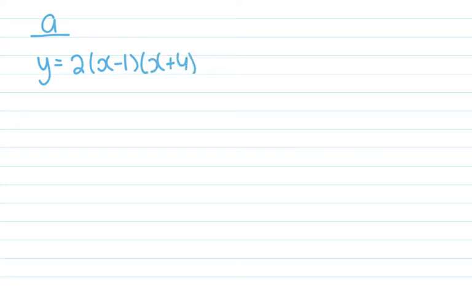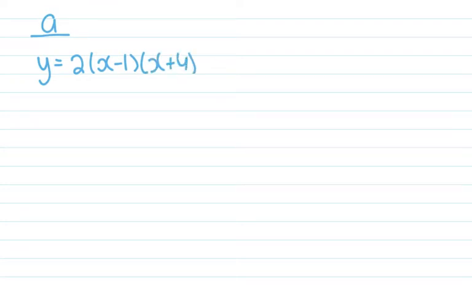All right, key ideas. Regardless of which form a parabola's equation is written in, the a value remains the same. For example, write this equation in vertex form. y equals 2 times x minus 1 times x plus 4.